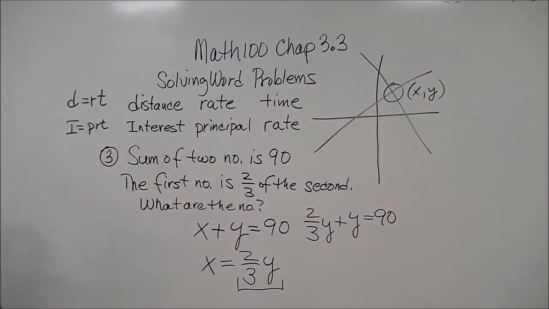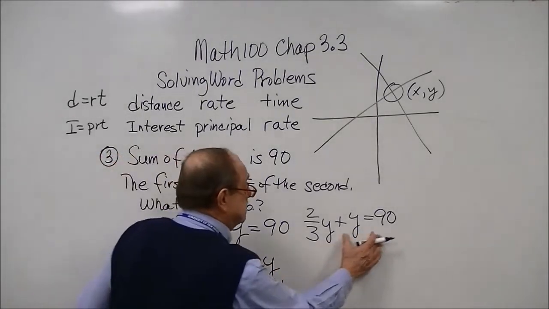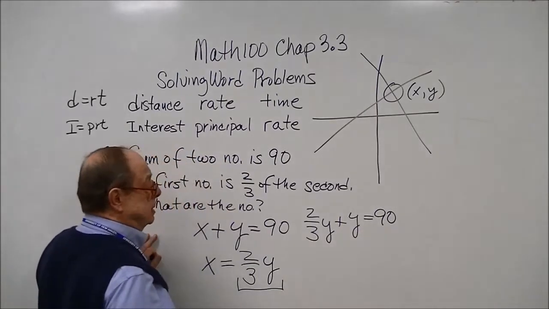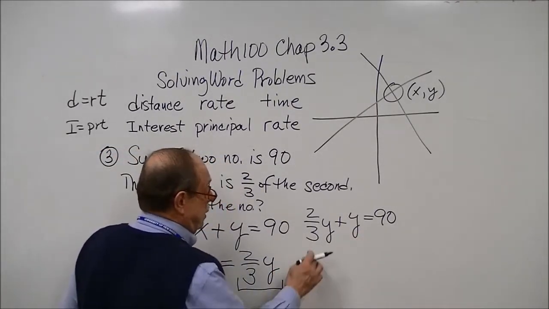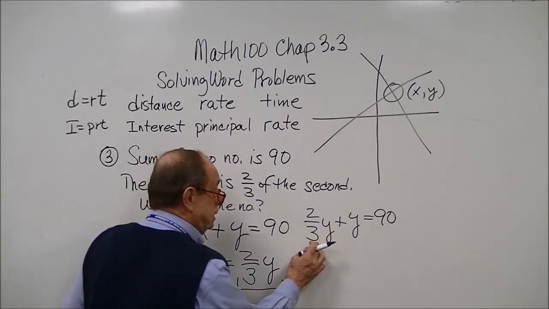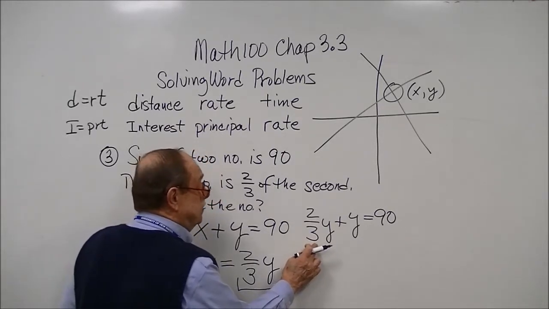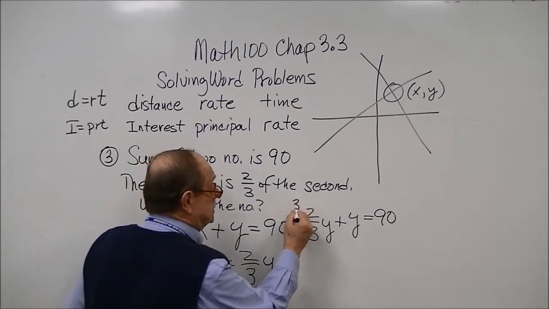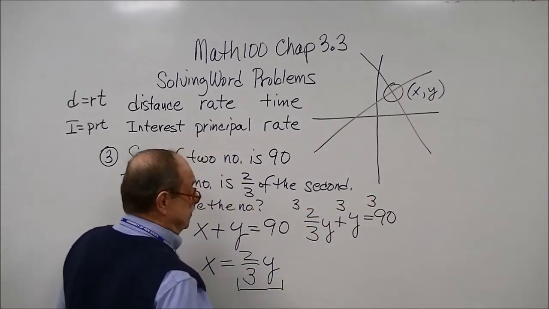And then going back to chapter 1, where we had fractions in an equation, how do we get rid of our fractions? Well, we multiply everything by the least common denominator, which in this case is 3. So we'll multiply this by 3, this by 3, this by 3.